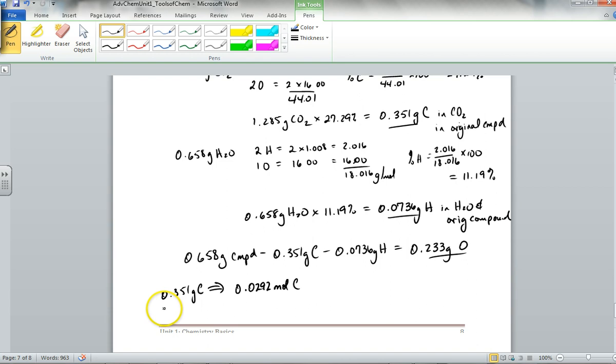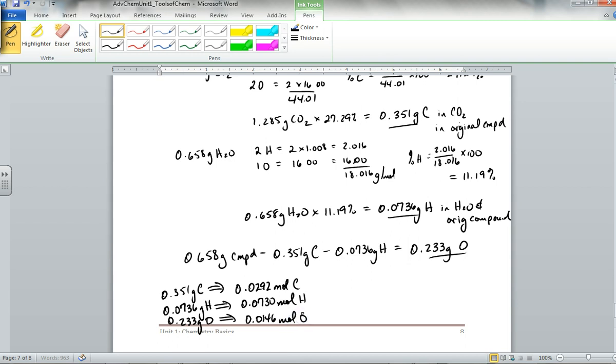The hydrogen, the 0.0736 grams of hydrogen, when we convert it into moles using its molar mass, we end up with 0.0730 moles of hydrogen. And then the oxygen, 0.233 grams, converting just like we did, dividing by the molar mass, we end up with 0.0146 moles of oxygen.